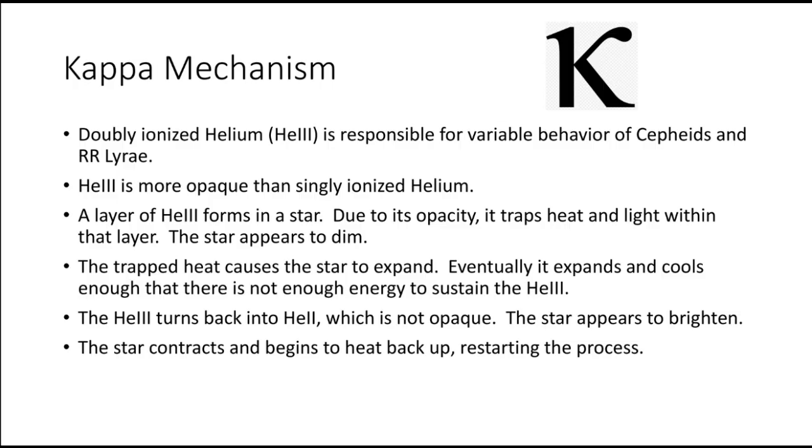Now because those photons are not getting trapped, that heat is not being trapped, so the star can contract. As the star contracts, it'll start to heat back up, and the process continues. So that's why we get the constant dimming and brightening, because of this kappa mechanism.